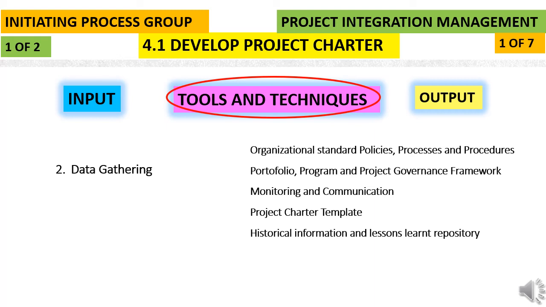There are a lot of other techniques also available, but predominantly these three could be handy when we start putting up the project charter. But if you feel there are other better techniques available for gathering the data, that can still be employed.